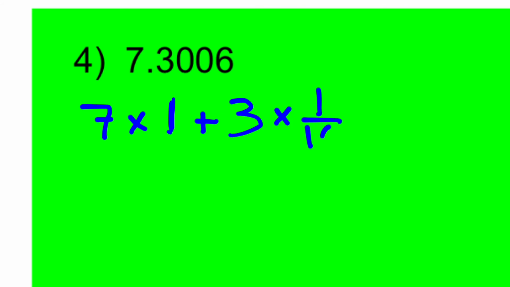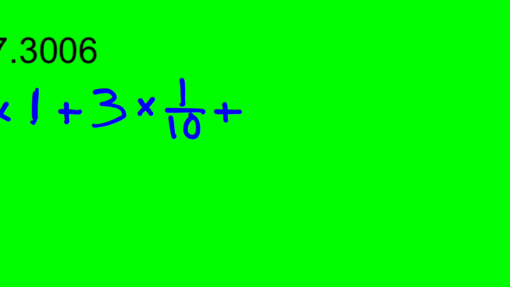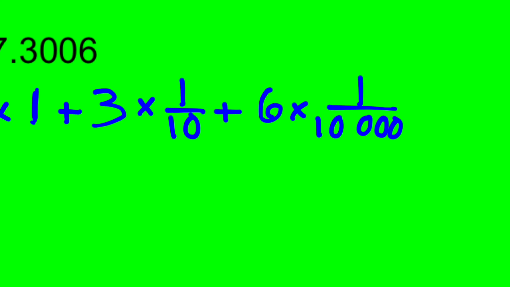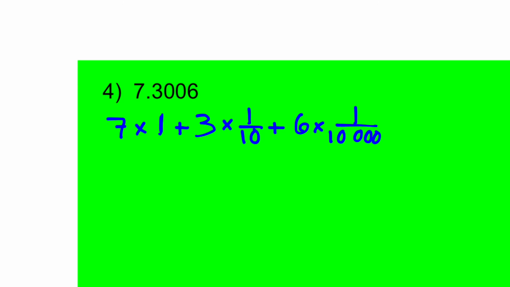So we have a 7 times 1 in the 1 place value, plus we have a 3 in the tenth spot times 1 over 10, plus we have a 6 in the fourth decimal spot, the 10,000ths. 6 times 1 over 10,000. 4 zeros because it's the fourth decimal spot. That's how you write numbers in expanded form.